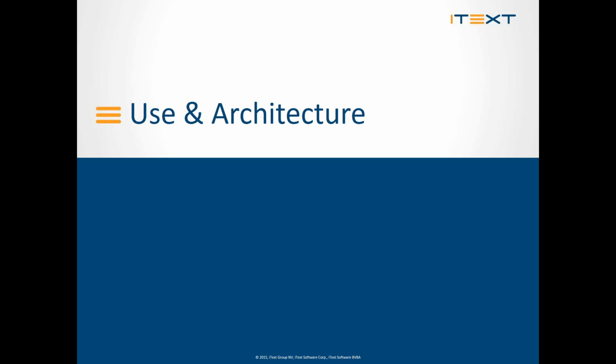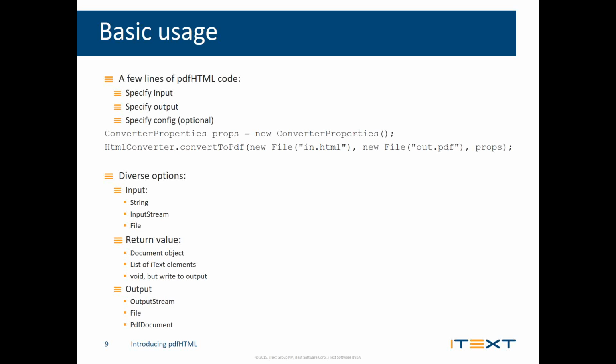Then we'll move on to talking a bit about the possible configuration options for pdfHTML, and we'll finish with an example of customization. We'll introduce a self-defined QR code tag that leverages iText 7's barcode functionality to create actual QR codes in your PDF. So let's start with the basic usage.